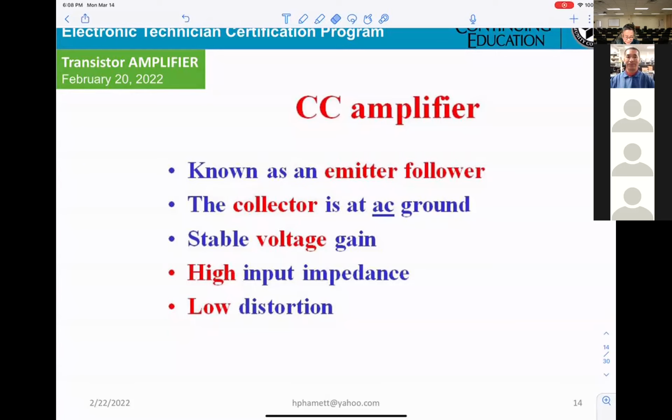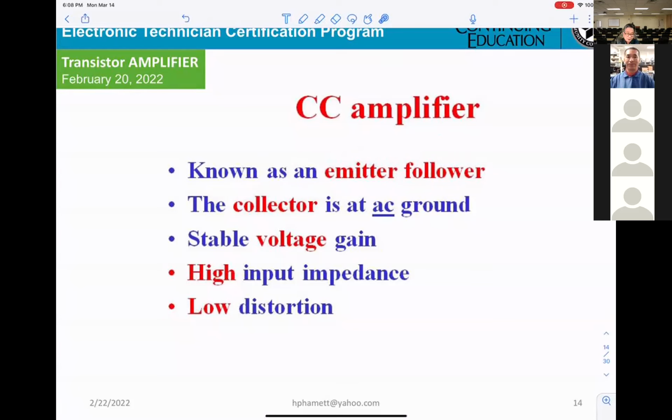The next one, the CC amplifier, which has another name, emitter follower. For this CC amplifier, the collector is at AC ground.